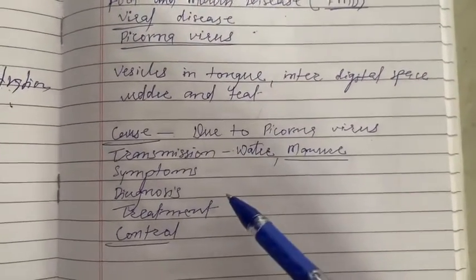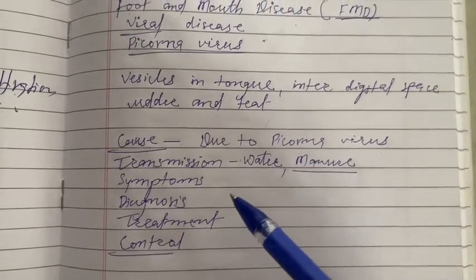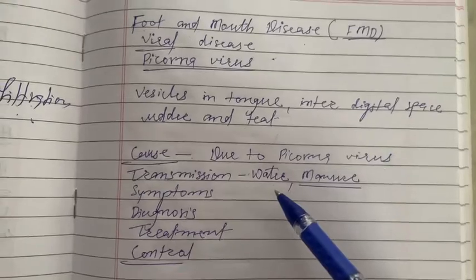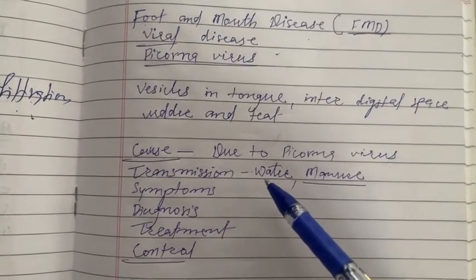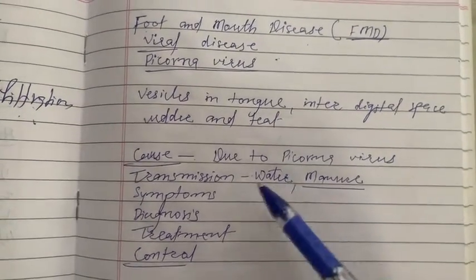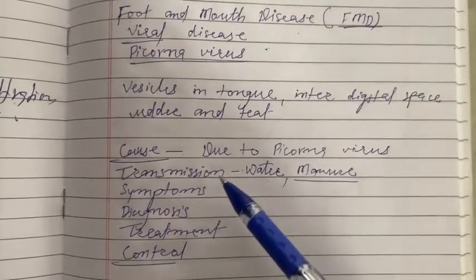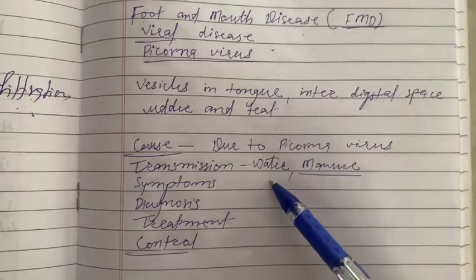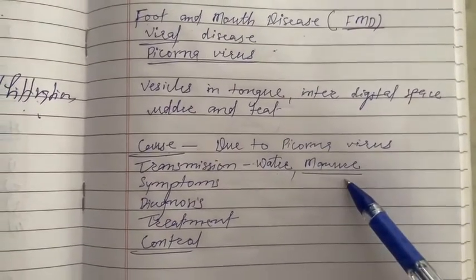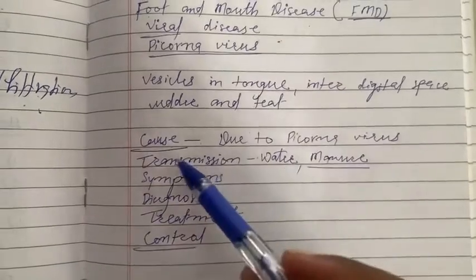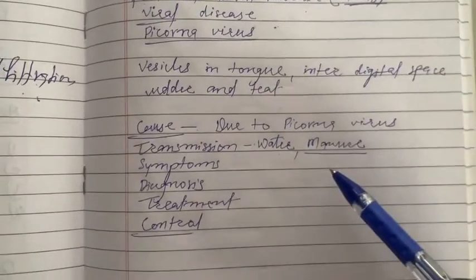This is a very highly communicable disease, and it affects cloven-footed animals. So this is the second point, transmission. I think the point is clear that this disease is transmitted through water, manure, pasture and cattle attendants.